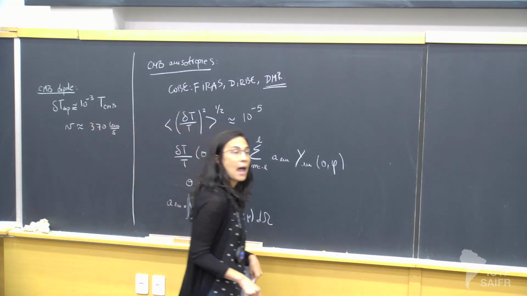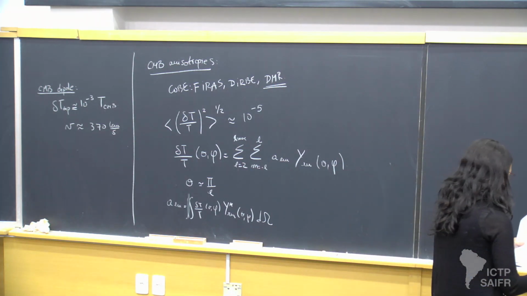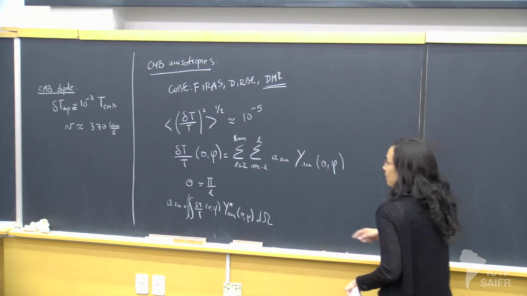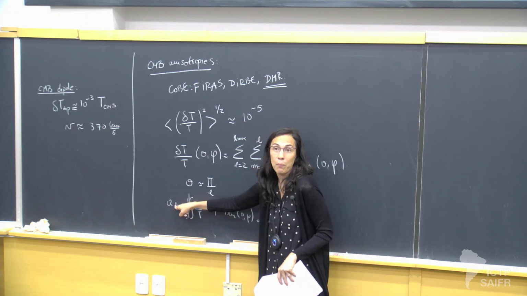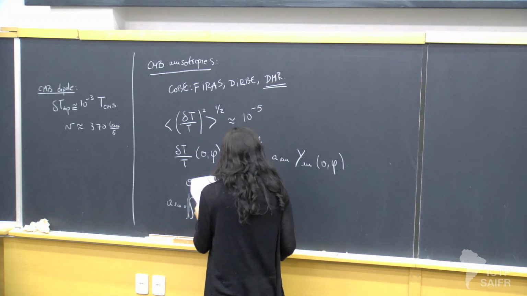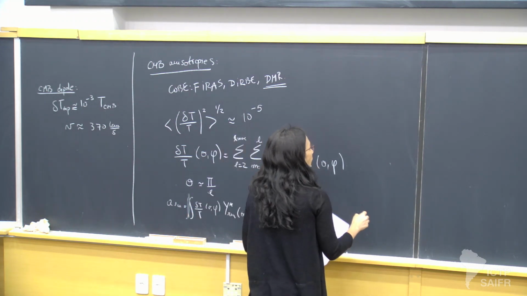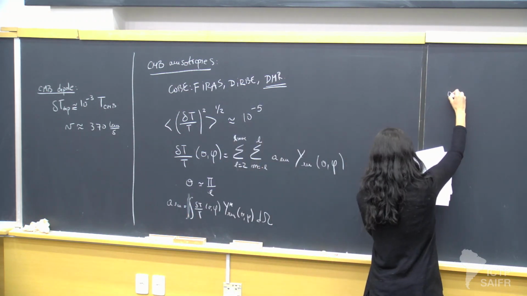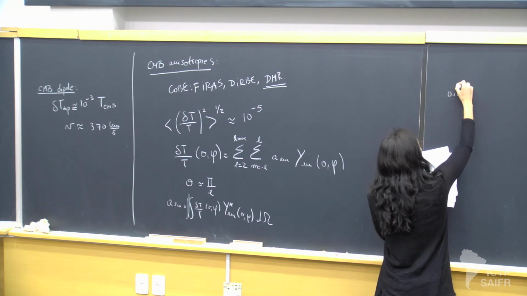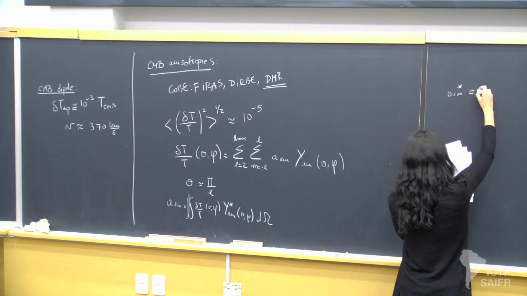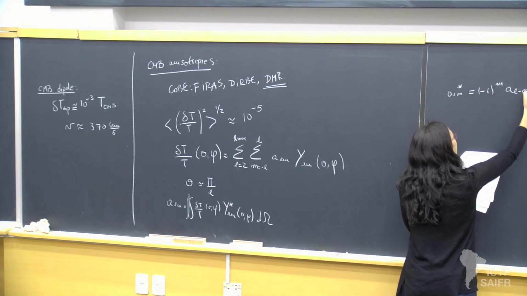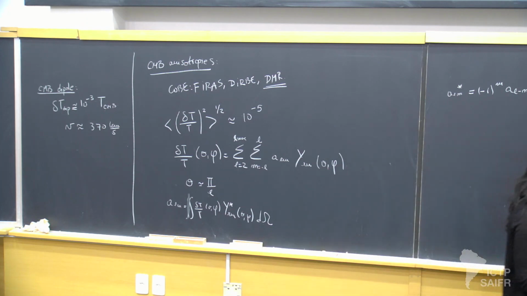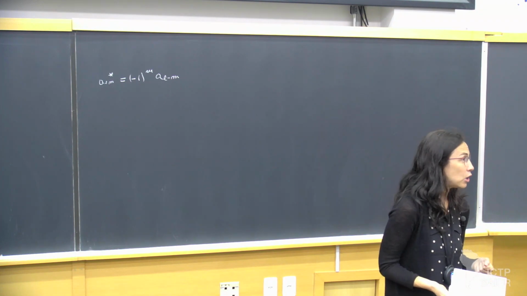Yes? Notice that the ALMs, these coefficients, can be complex numbers, and they will satisfy the following relation: ALM conjugated is equal to (-1) to the m times AL minus m. This is a relation that you may find useful in order to do calculations later on.